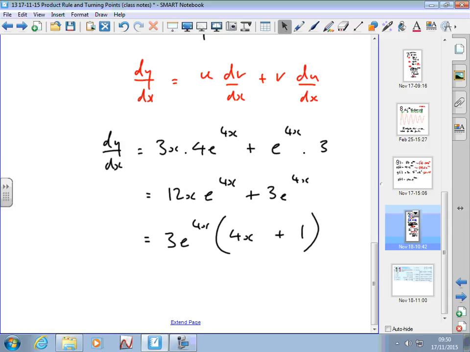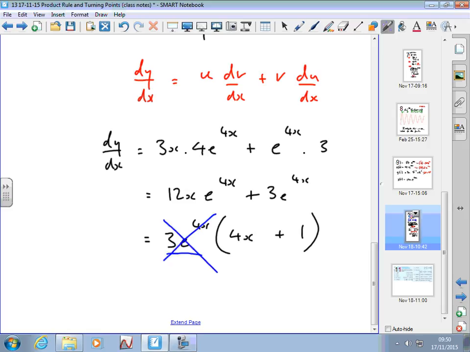Well worth doing, because if you think about what's likely to come next, turning points, if I want to find a turning point, that's when this equals 0. So I'm going to let this equal 0 probably. I won't write the 0 because it goes weird on the board. And if you remember what we said earlier, if the right hand side's 0 and I've got something multiplied, I can divide by it. I could divide both sides by 3e to the 4x and that would go.